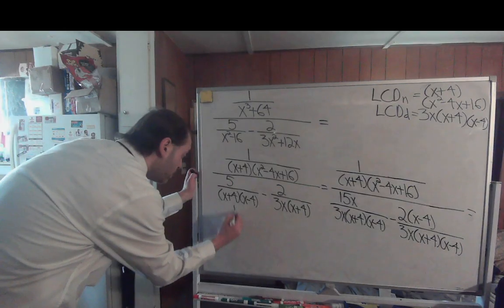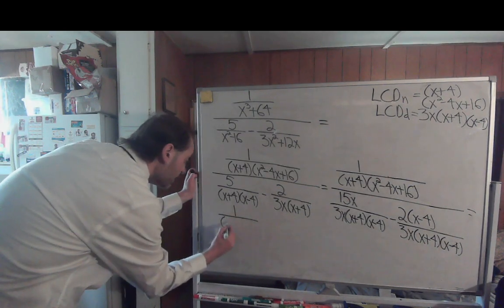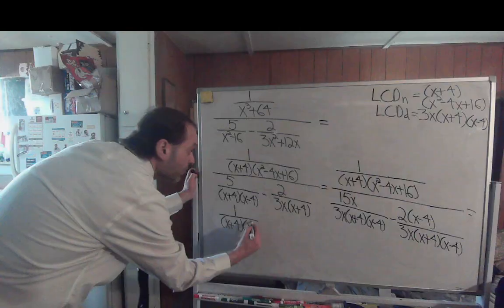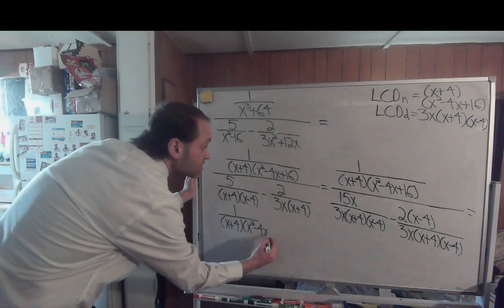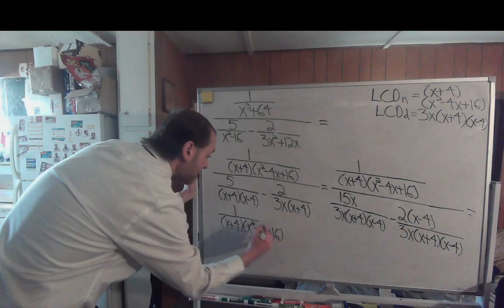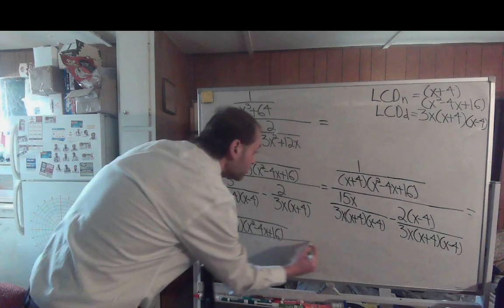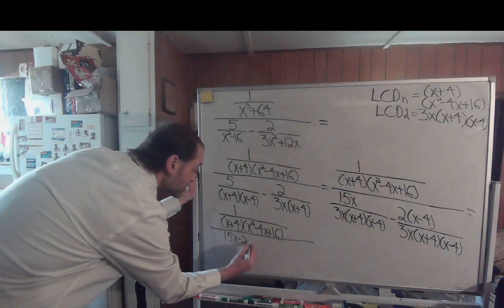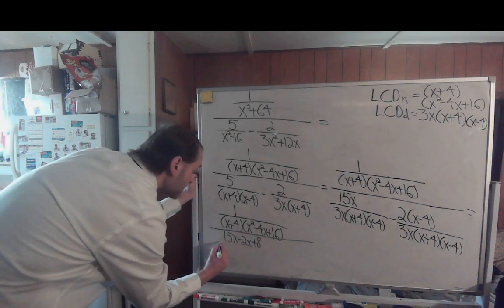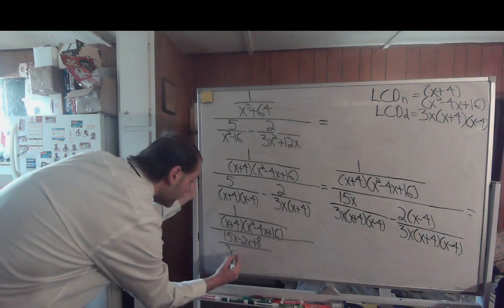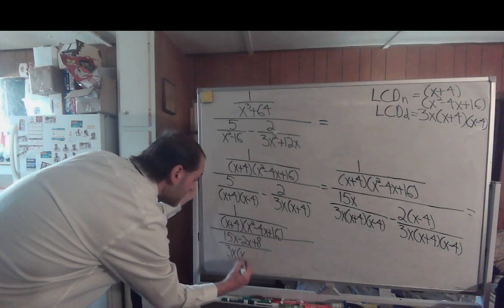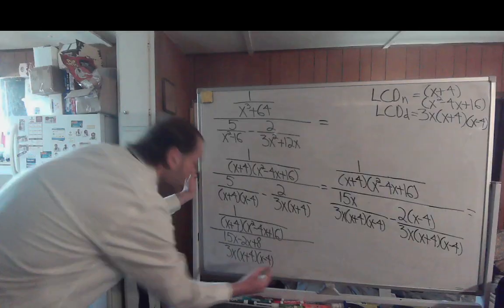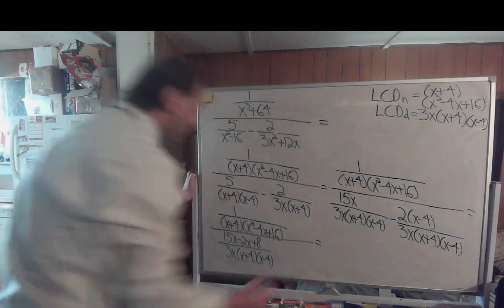So you'll get 1 over x plus 4 times x squared minus 4x plus 16. All that all over 15x minus 2x plus 8 over 3x times x plus 4 times x minus 4, which we could simplify the denominator one more time.